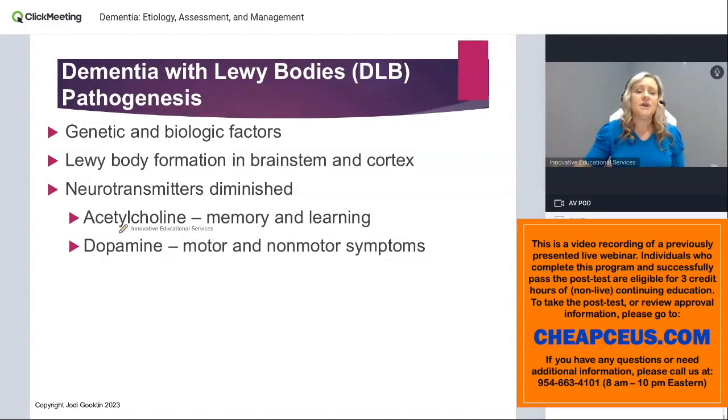And the challenge here is in addition to what I've already explained, acetylcholine and dopamine are ultimately going to be impaired. That's why we're going to see changes in behavior, cognition, mood, sleeping. And there is no one test to diagnose this, it is a diagnosis of exclusion.